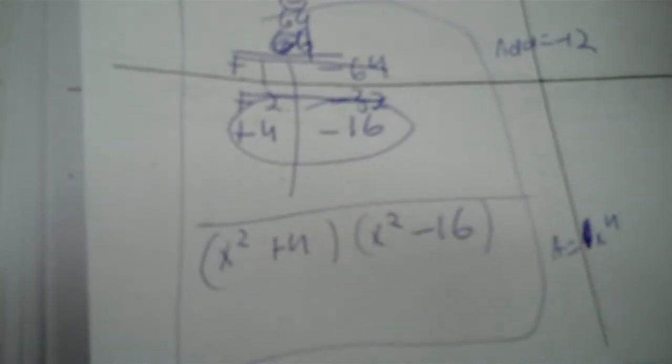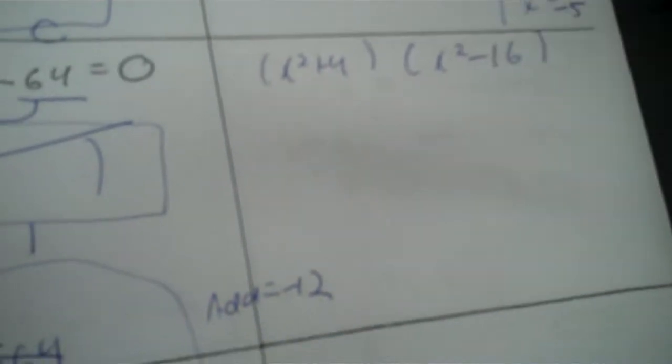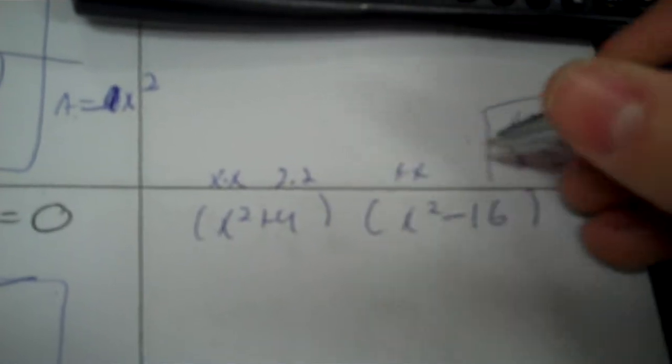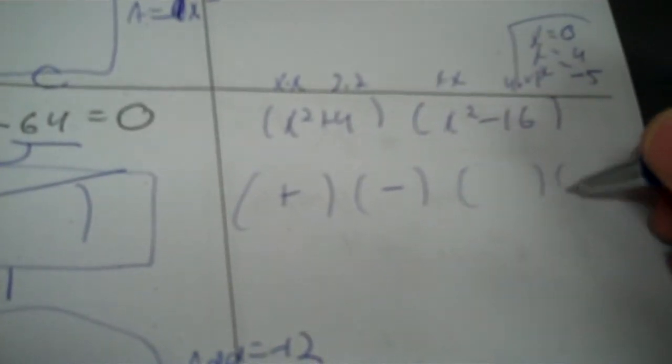Now since we still have second powers, we're going to take these over here. And we're going to see if we have perfect squares. So x, x, 2, 2, that's perfect squares. That's perfect squares. Plus minus, and then right here, plus minus.